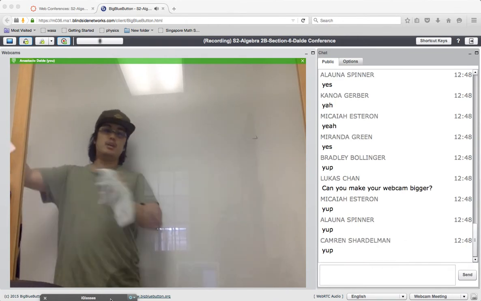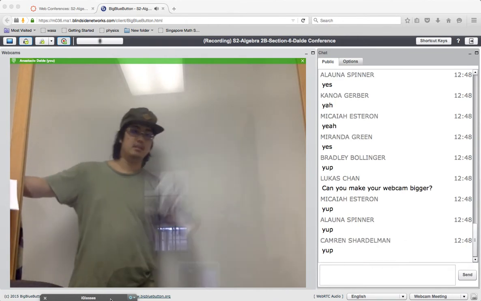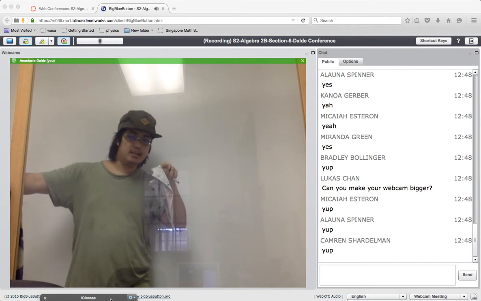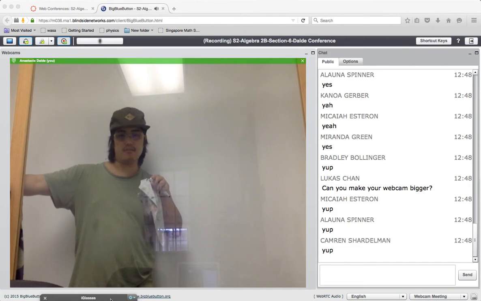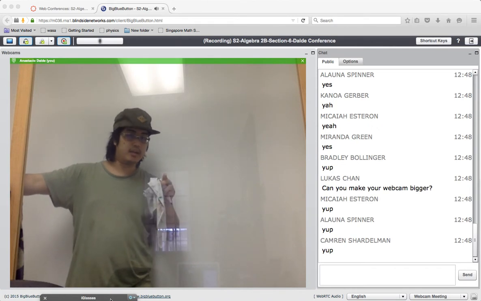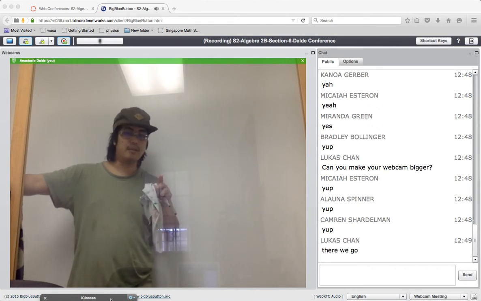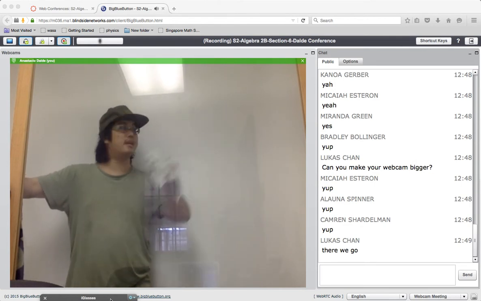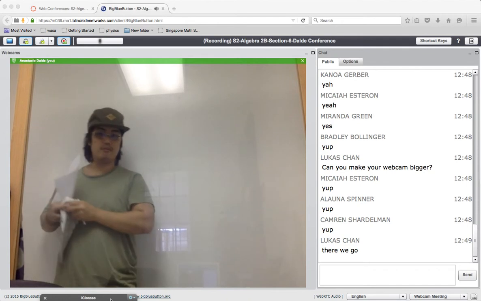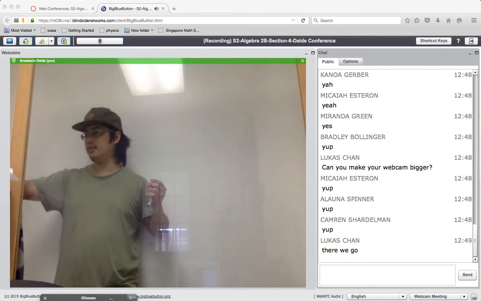If you guys want to change the webcam size, on the bottom right hand side, there's a little drop down menu. Click on webcam meeting. I think the first thing you'll see is home or main screen or whatever. Drop that menu down on the bottom right hand side of this conference. Click on webcam meeting. That should make it all nice. So in the future, you guys don't need me to do that for you. You can do it yourselves.